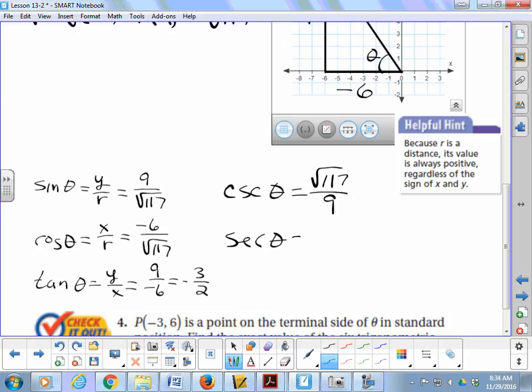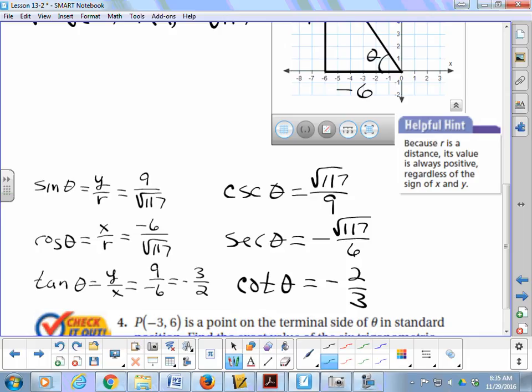Secant, which is the reciprocal of cosine, is negative square root of 117 over 6. And cotangent, the reciprocal of tangent, is -2/3.